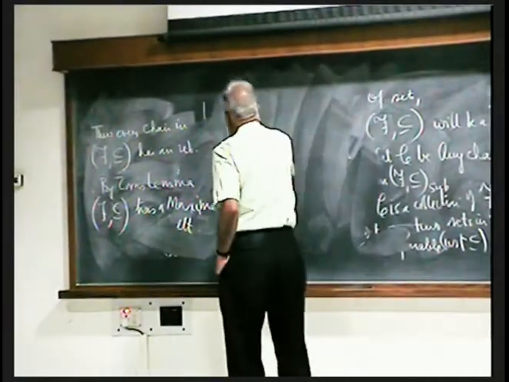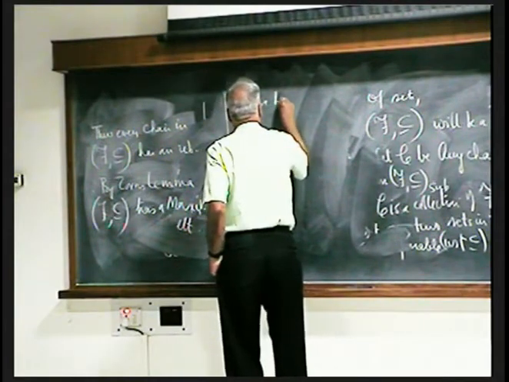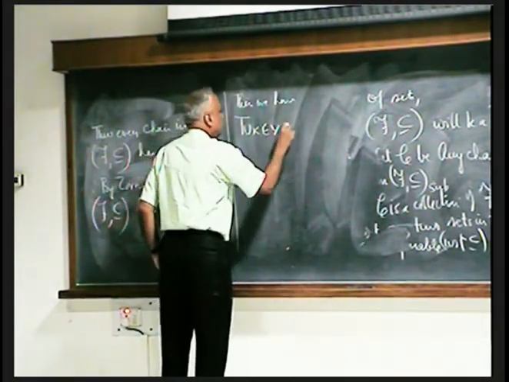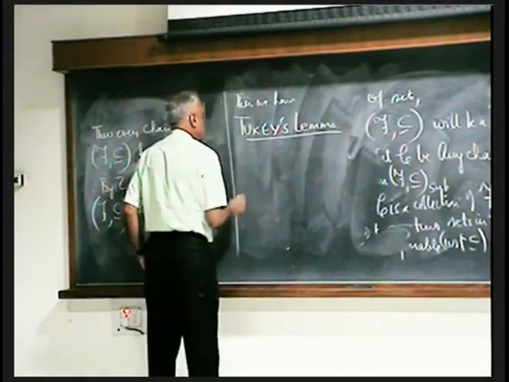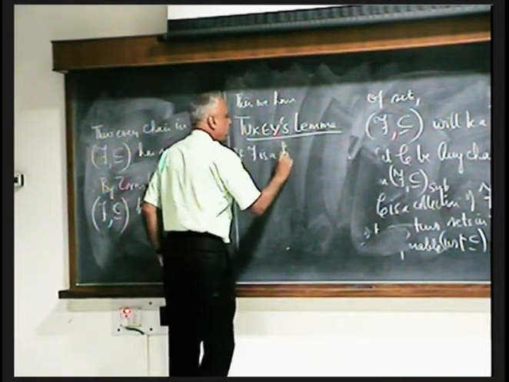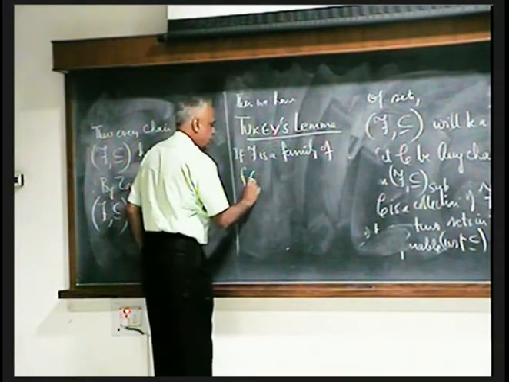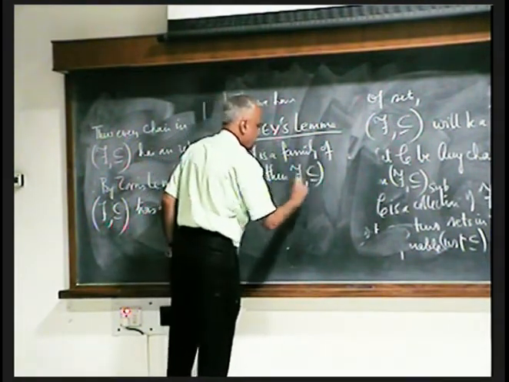This is called Tukey's lemma: if F is a family of finite character, then F has a maximal element.